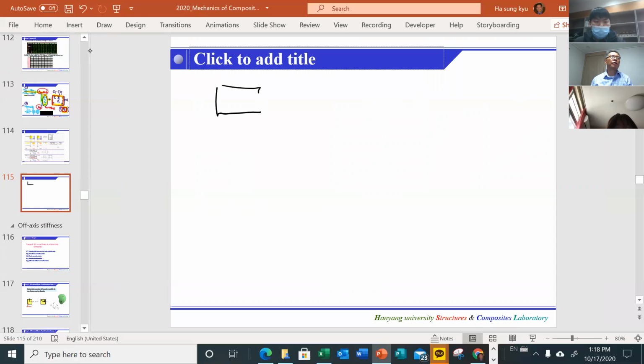So I'd like to just summarize what we covered. This is the x-axis, this is the y-axis, and sigma, which is sigma x and sigma y and sigma shear.